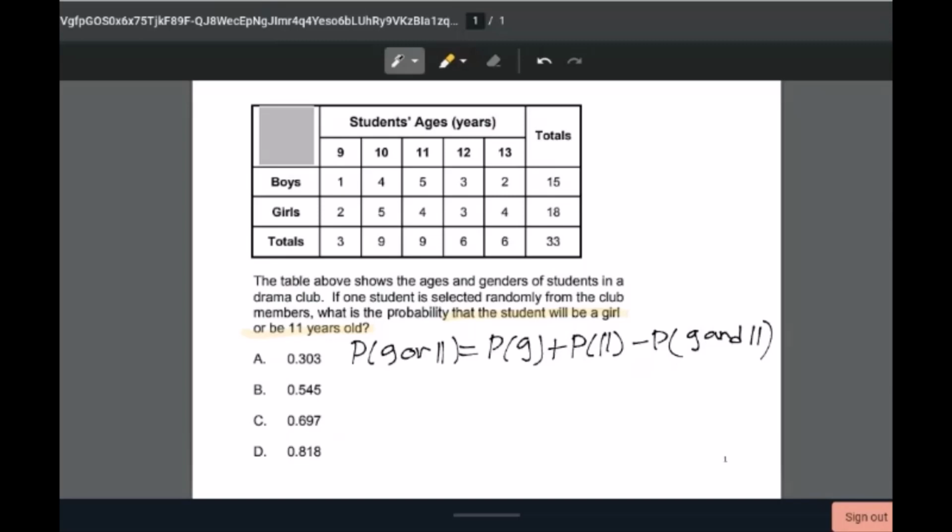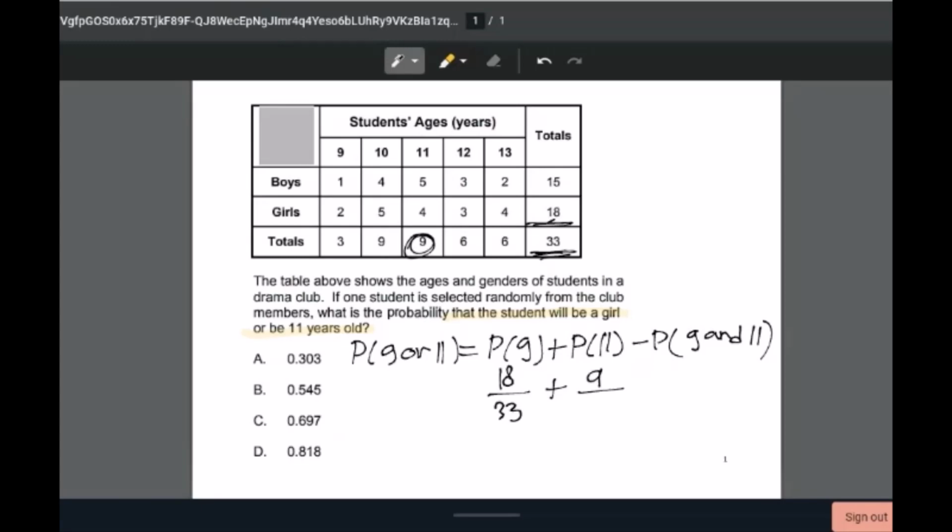So the probability of the student being a girl is 18/33, the total number of students, plus the probability of the student being 11 years old, which will be the total number of students that are 11 years old is 9.